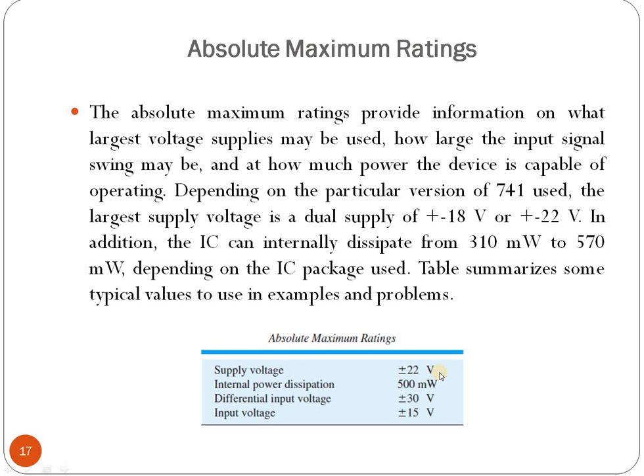Normally we supply 18 volt to an op-amp. Internal power dissipation is 500 milliwatt, and differential input voltage is plus minus 30 volt. That's when there are two input voltages, the differential will be 30 volt, and one individual input voltage should be between plus minus 15 volt.